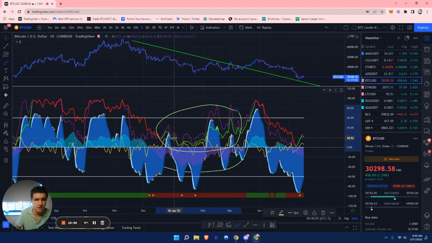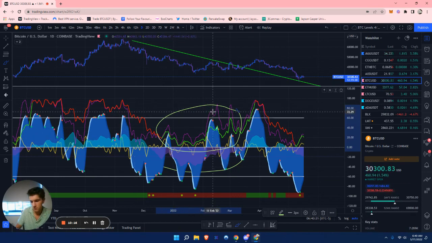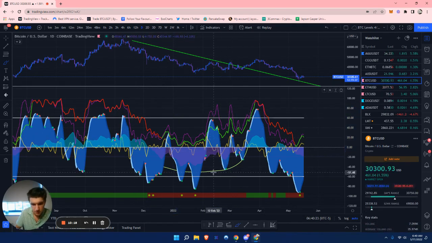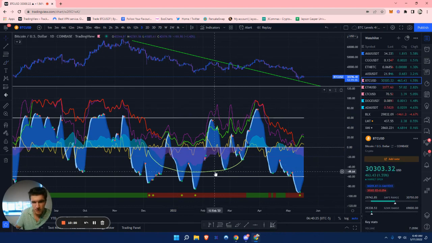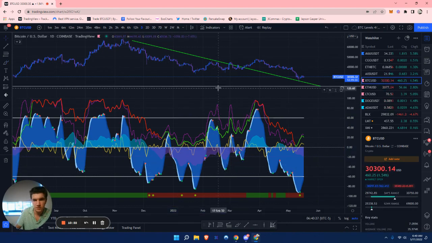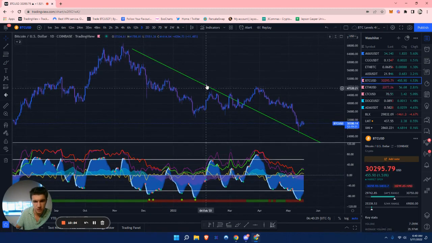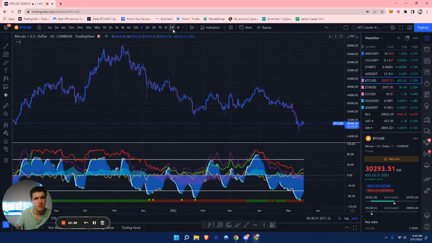Again, you want to see the RSIs or the stochastic RSI being green when we are oversold, and then kind of red when we are overbought. So just something to keep in mind and to constantly be looking at when looking at money flow.